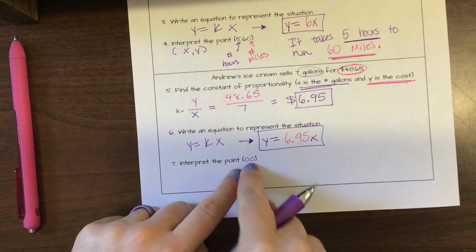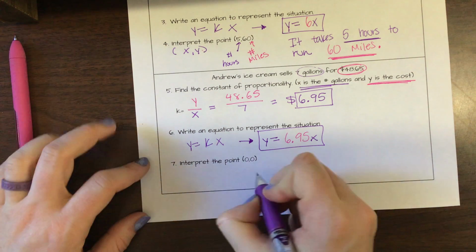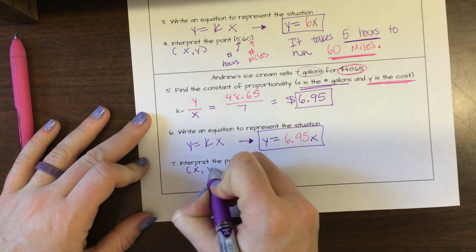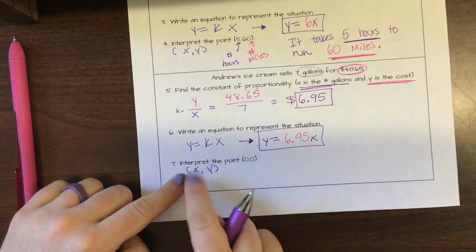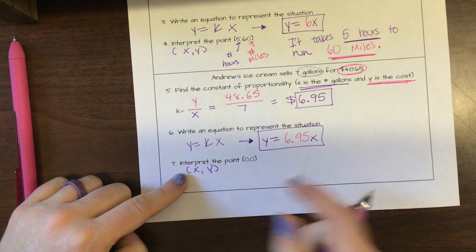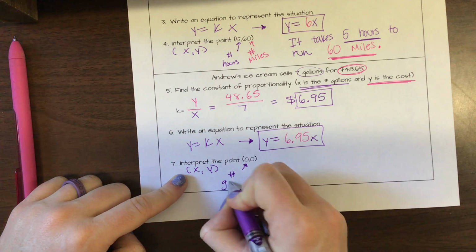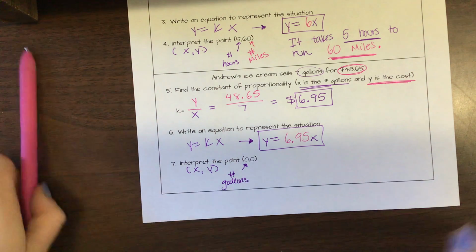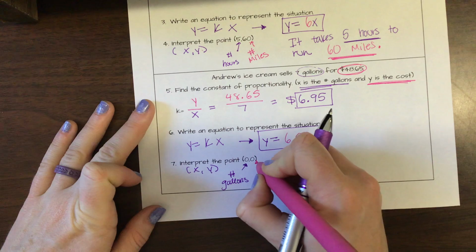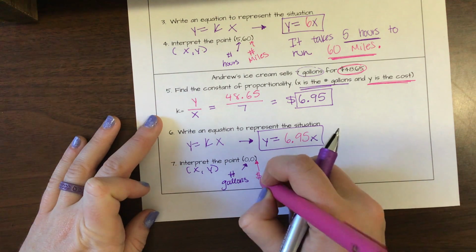Okay, and we're going to interpret the point 0, 0. X always comes first and y comes second in a coordinate point. X is the number of gallons. Y is the cost.